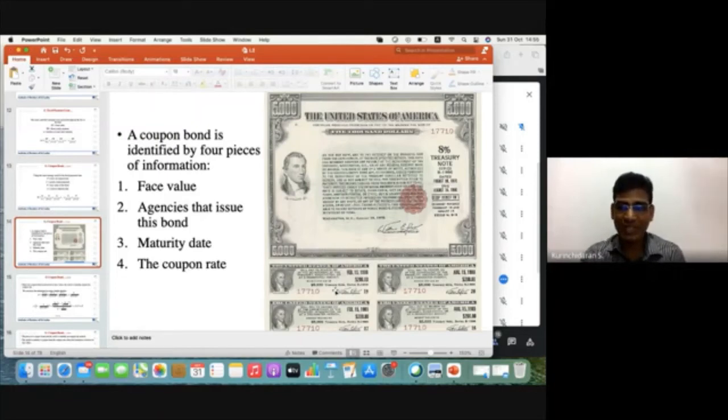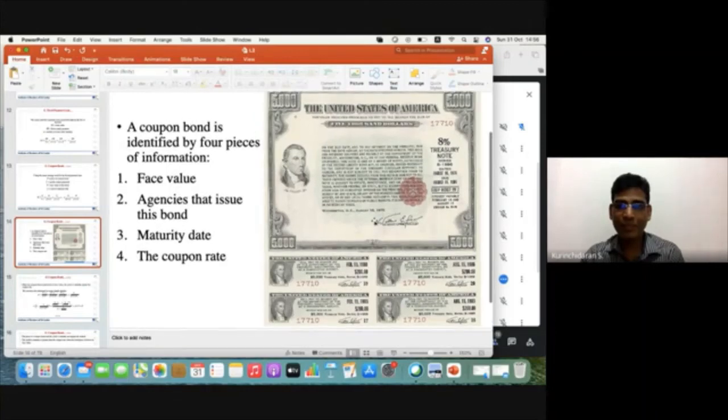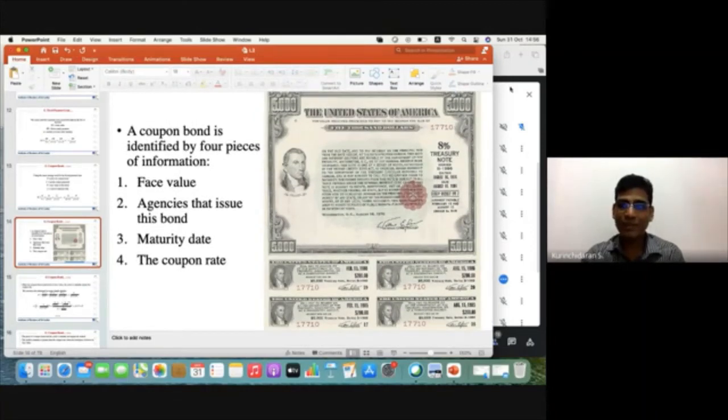Here also you could see the coupons: February 1586, August 1586, February 1585, August 1585, like that. Every time you will get 200 bucks. Is that okay?